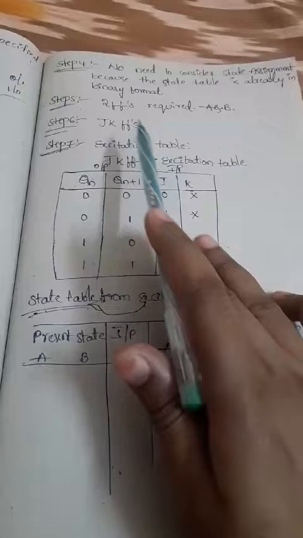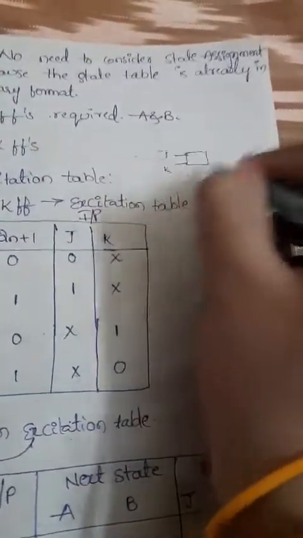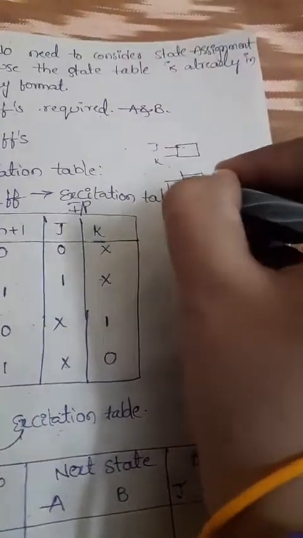Each JK flip-flop consists of two inputs, one is J and another is K. Clearly mentioned in step 5, we need 2 flip-flops, so I consider 4 JK inputs here.